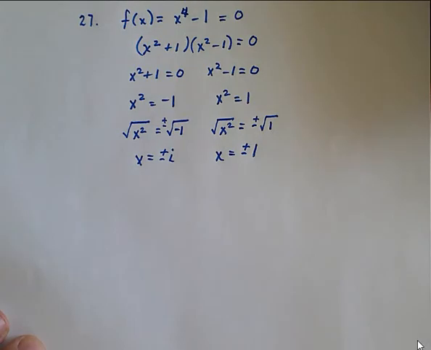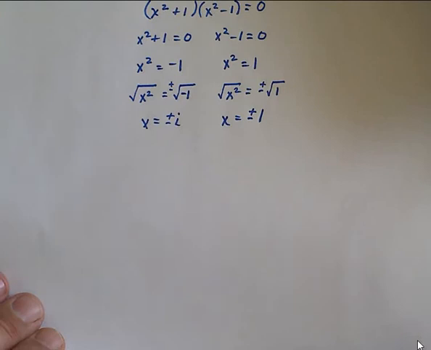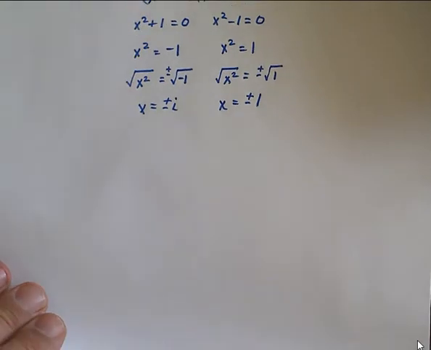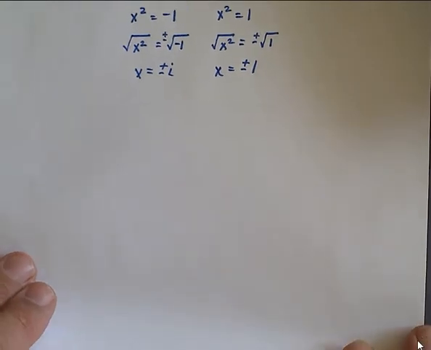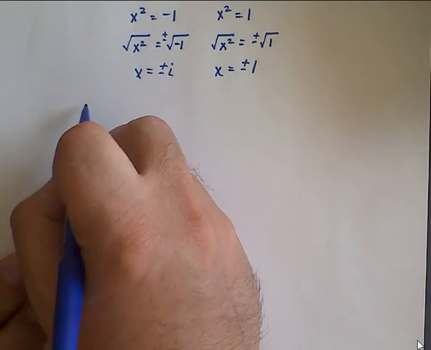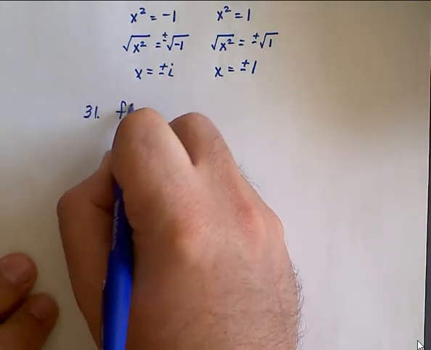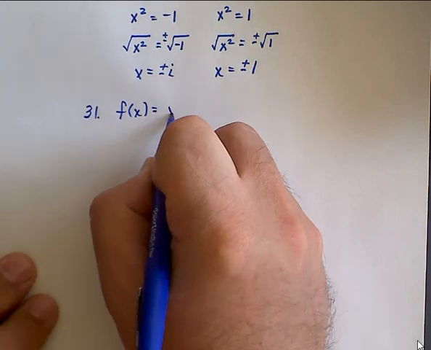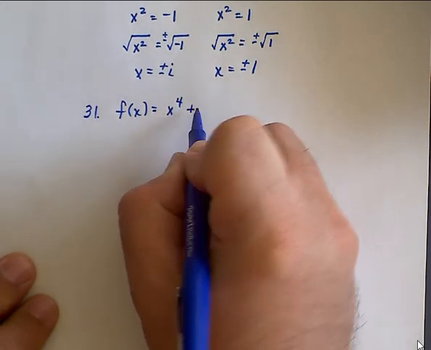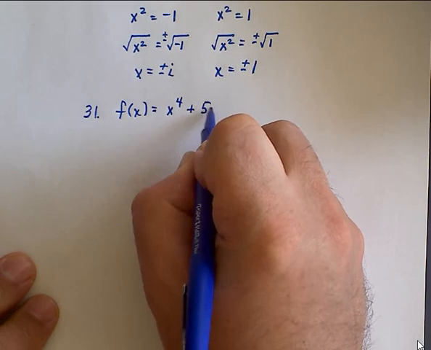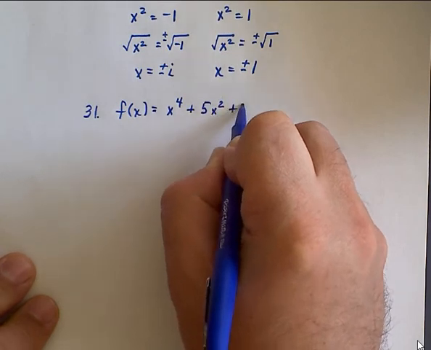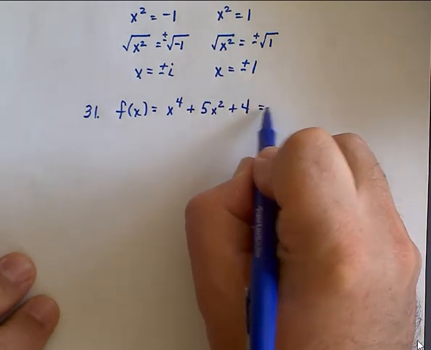Okay, so that's kind of a special form to deal with. 30 and 31 are both also a special form. They're like quadratics. They're called quadratic in form. On number 31, you know that f of x equals x to the 4th plus 5x squared plus 4. Again, set it equal to 0.